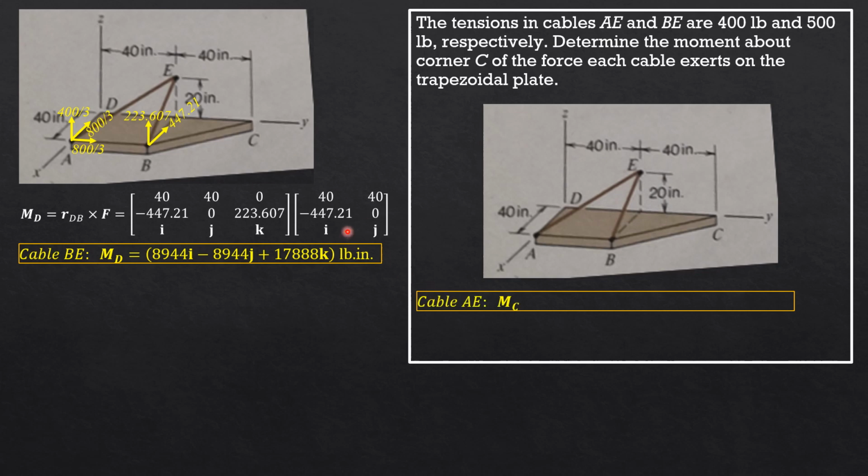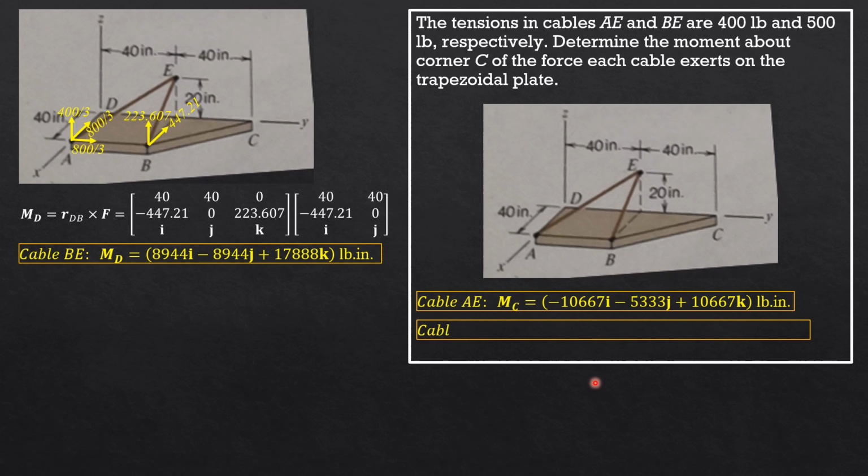So check that for cable AE, the moment about C is negative, is given by that answer. And for cable BE, moment about C is given by this answer. So that's it for this second problem.